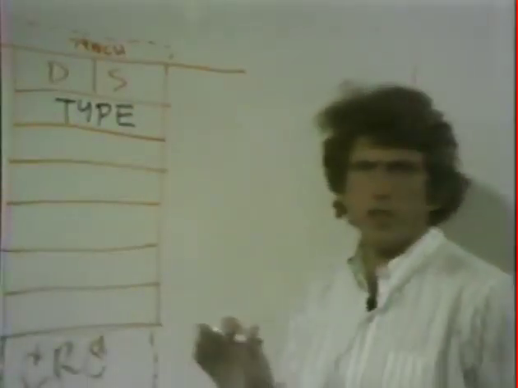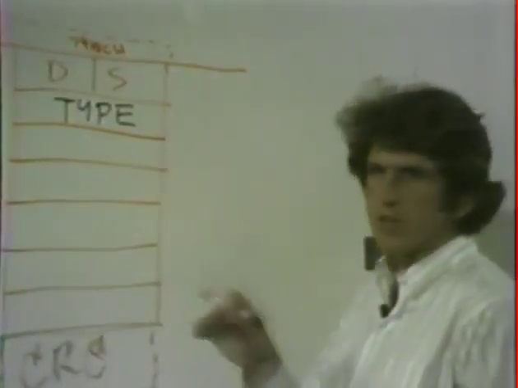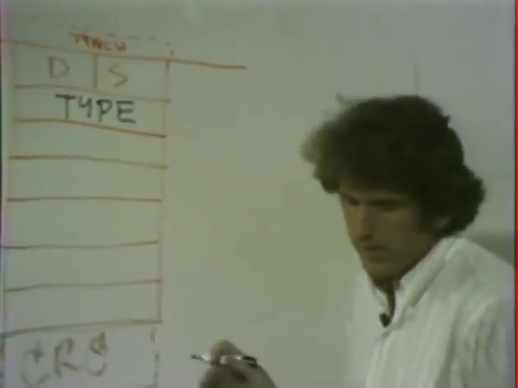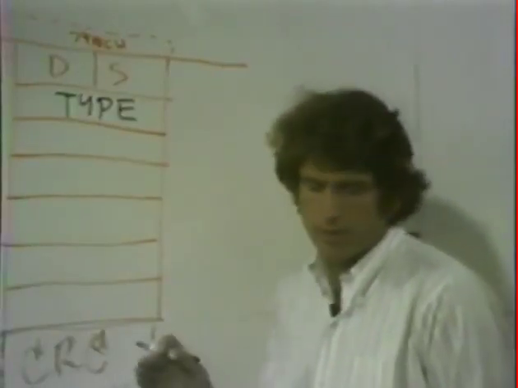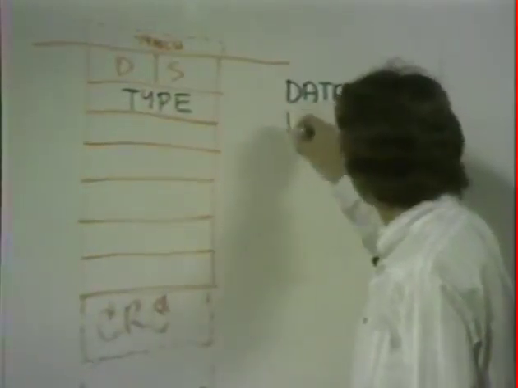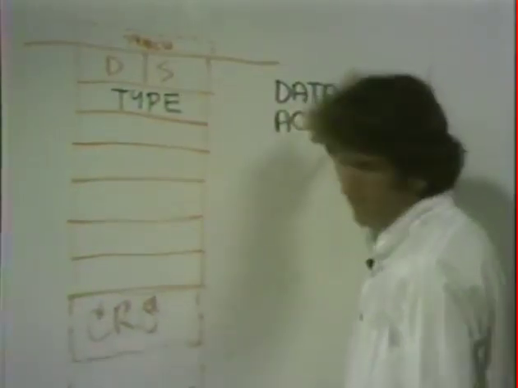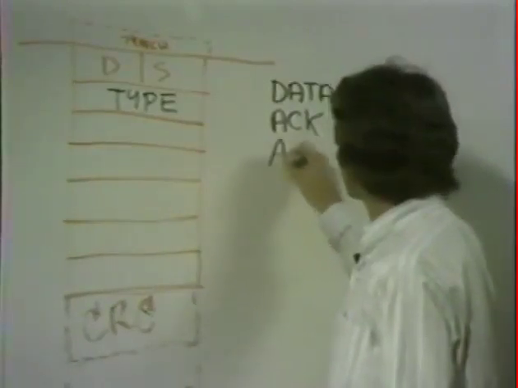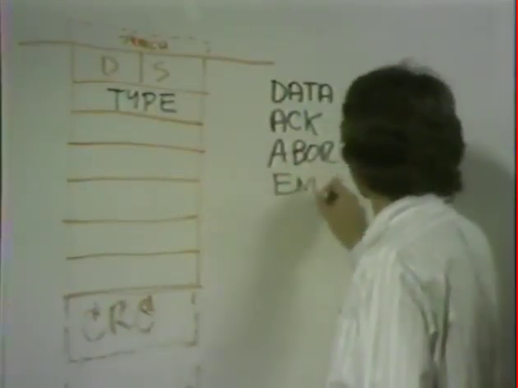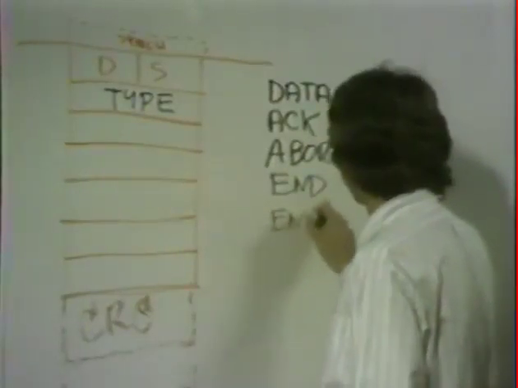And we have a central registry of such types that we keep around, and associated with each type is a little document that describes the data in it. The EFTP described in the paper has 5 such types. There is data, acknowledgement, abort, end, and end reply.